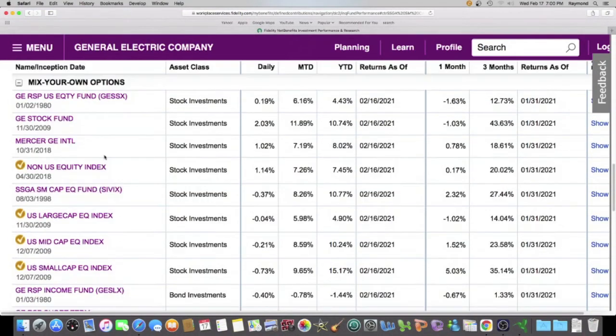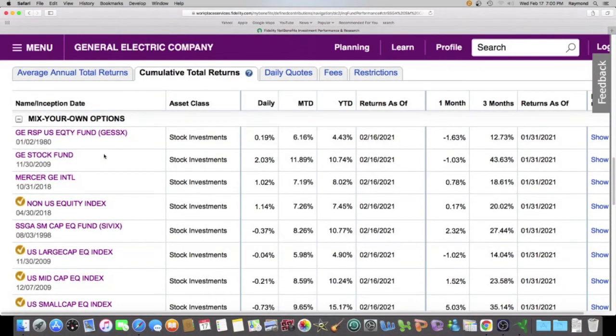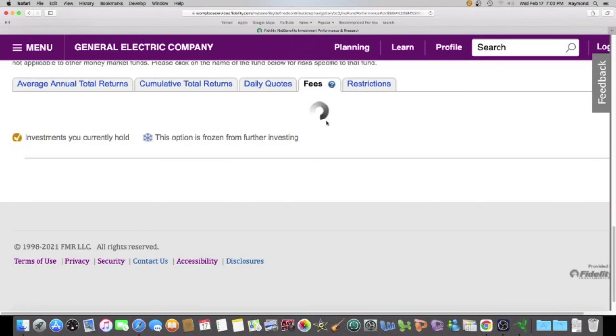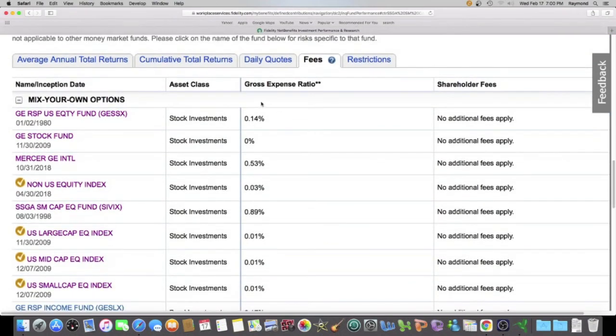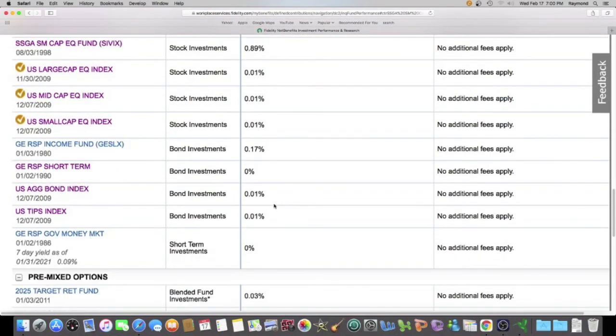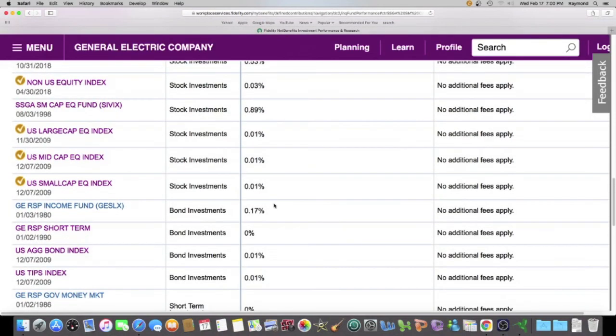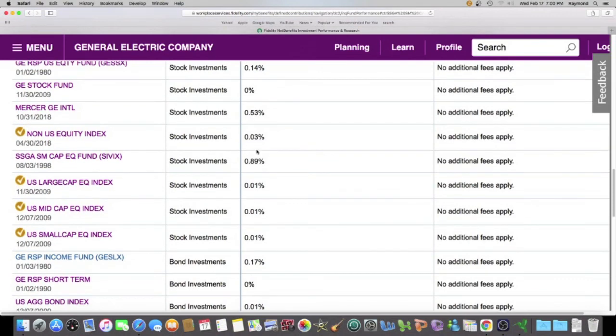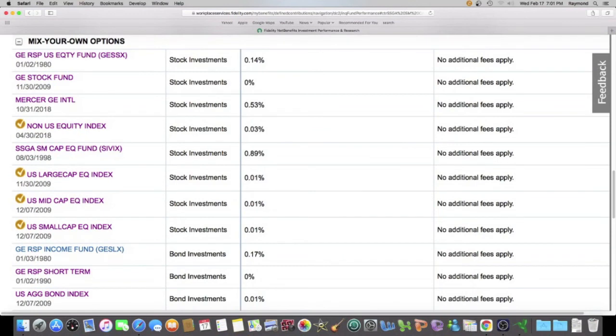So again, when you're selecting what you want to invest in your 401k, there's a tab here that says fees. You want to click on this tab and it's going to show you in this column all the fees that you will pay by being invested in these particular funds. So again, 0.89. I'm here, 0.03. That's super low. 0.01, 0.01, 0.01.